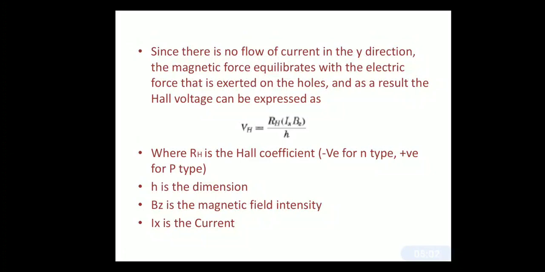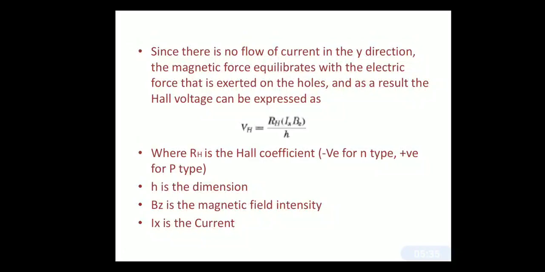Every charge carrier should be acted upon by an equal amount of force in the Y direction, so we can obtain an equilibrium equation with the force due to the magnetic field and the force due to the electric field. From this equation we can derive the expression for the Hall voltage: VH equals RH times Ix Bz divided by H, where RH is the Hall coefficient.